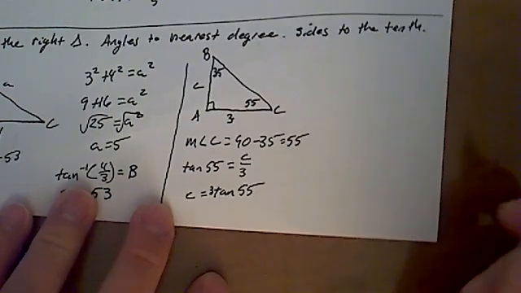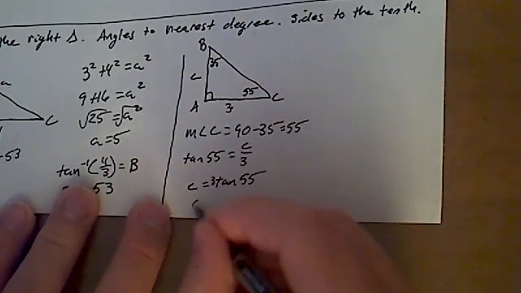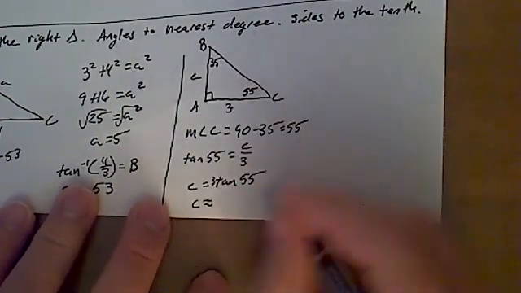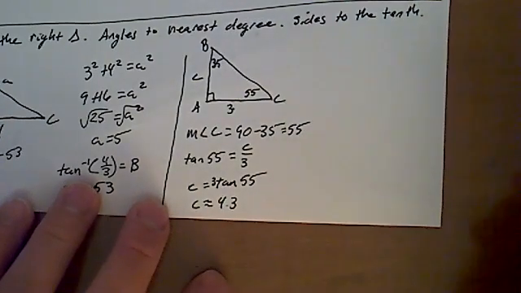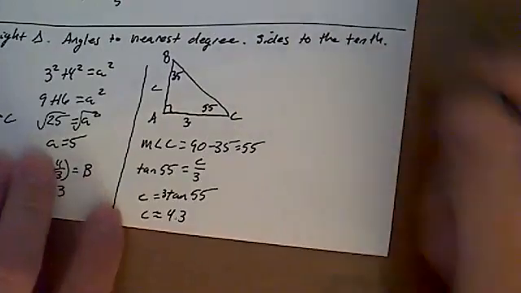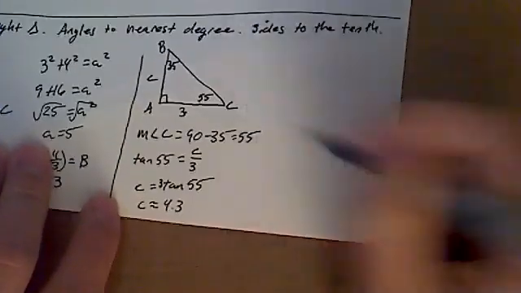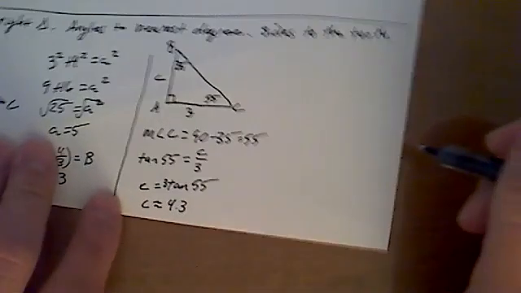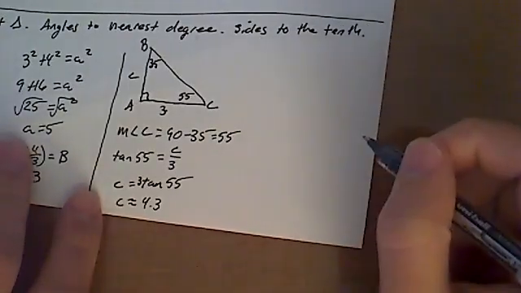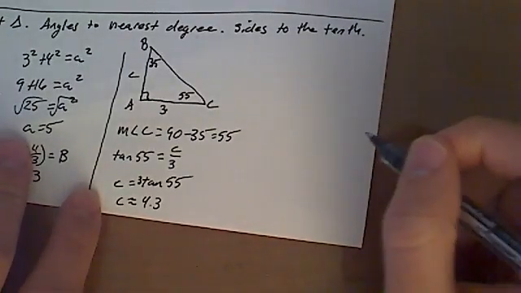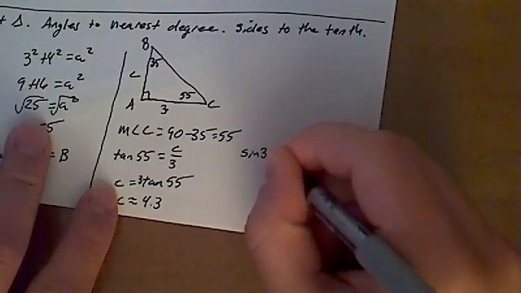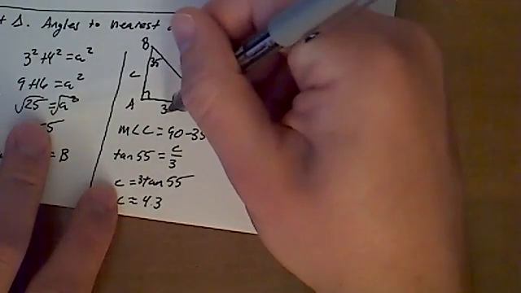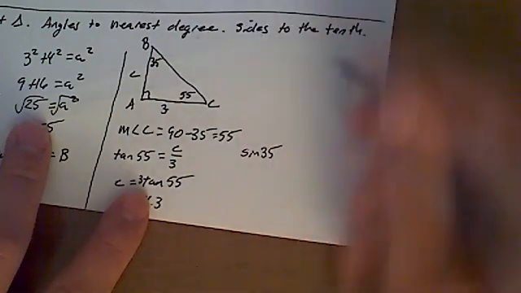So C is 3 tangent 55, which is about 4.3. Now you could go and use the Pythagorean theorem with 3 and 4.3 to solve for BC. I'm okay with that. Really, it's better to use a trig function here. So if we use the sine of 35, that is the opposite over the hypotenuse.